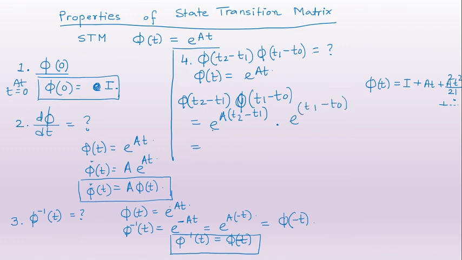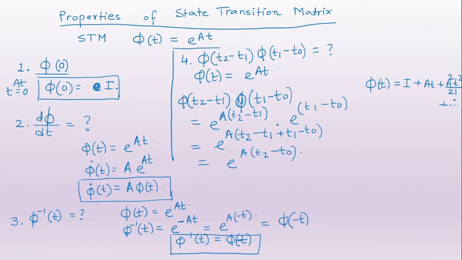From the additive associative property, we can write t2 minus t1 plus t1 minus t0. So we are getting e to the power A times t2 minus t0.